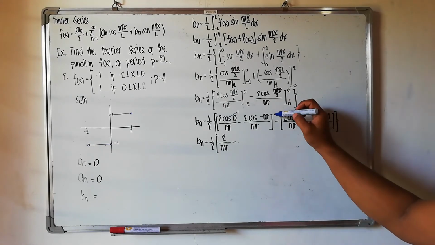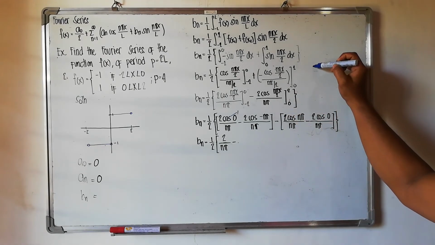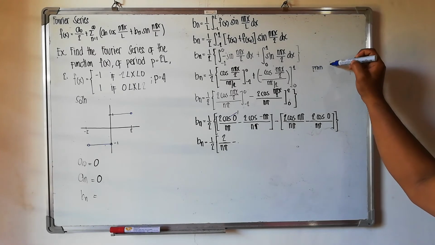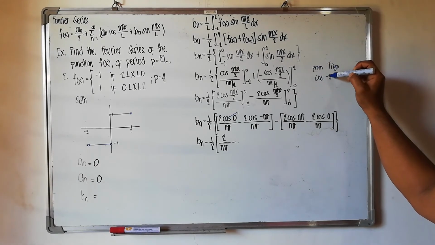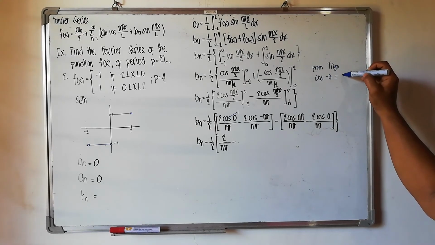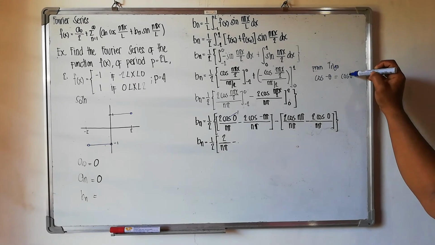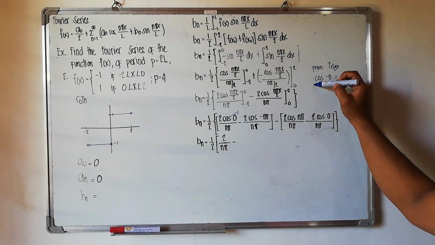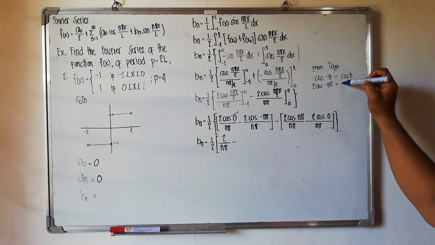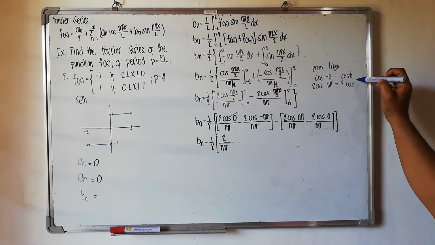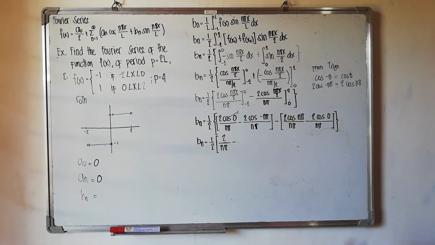But remember, from your trigonometry, cosine negative theta is equal to cosine theta. So therefore, your 2 cosine negative n pi is just equal to 2 cosine n pi.